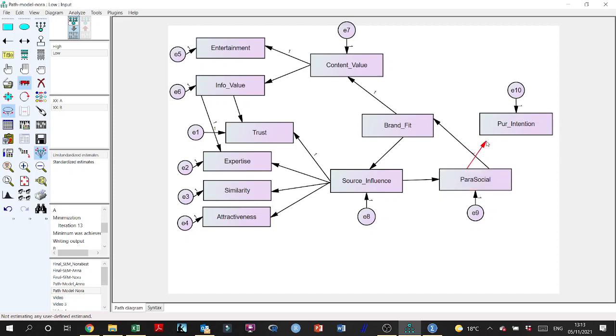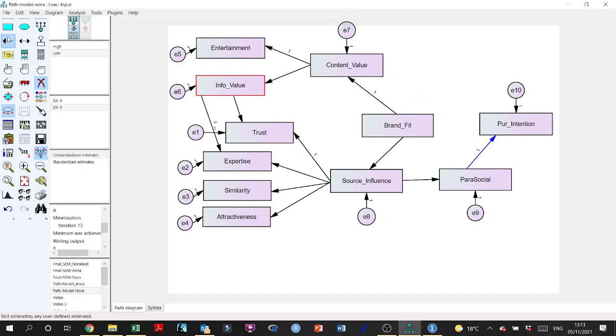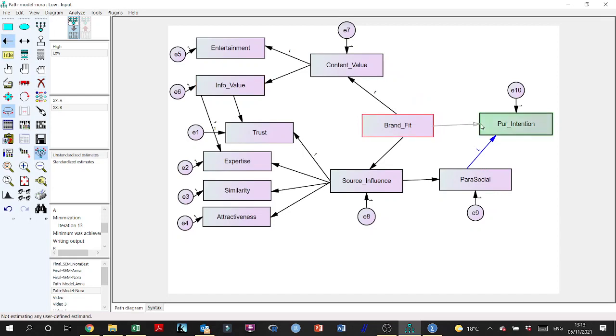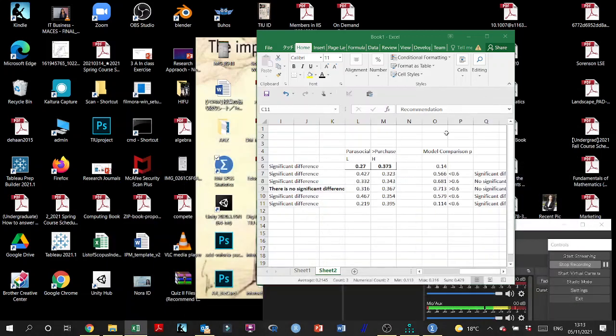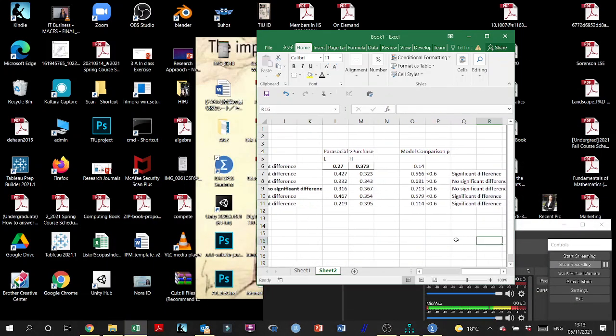All right, so now we have this relationship. Oh God, why am I complicating things here? I'm just concerned about this. So over here, you are going to replicate this, but put it on this relationship, because you're studying this relationship, parasocial over purchase intention. So you are going to generate the results for this similarly.